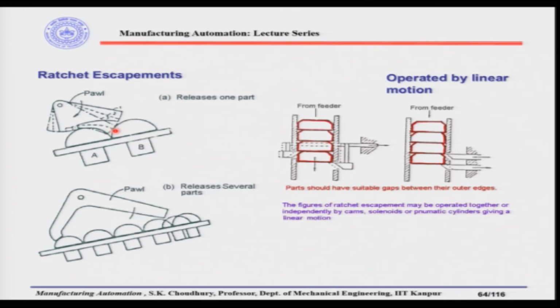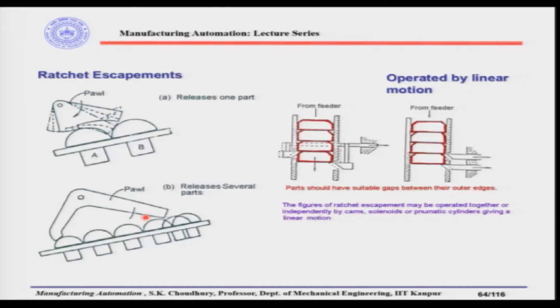Now, we can have an arrangement with the same kind of pawl, but the pawl design could be different. Here is the pivot. Around this point, the pawl can reciprocate to and fro, and here the distance from one leg to another is such that 3 or 4 parts can be transmitted to the workhead at a time.